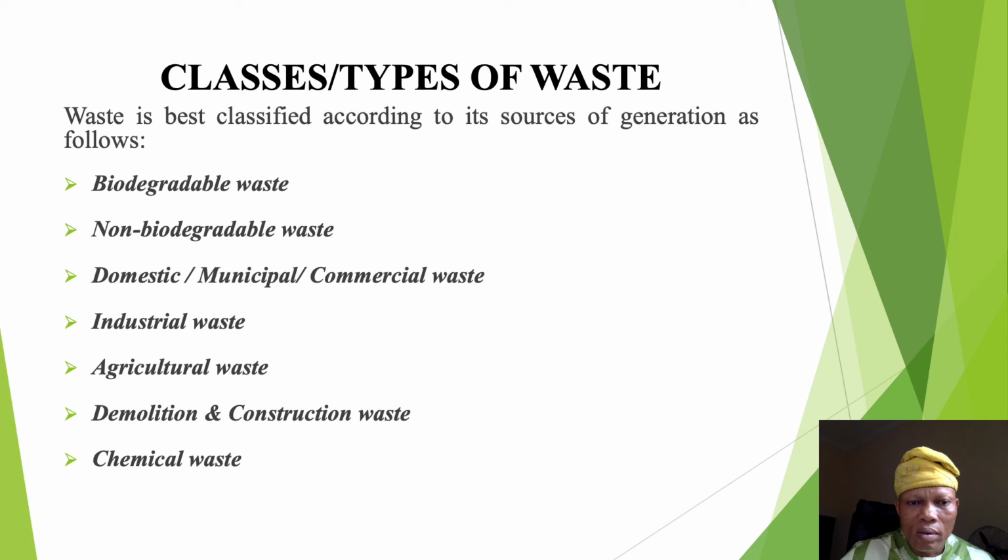Then we have agricultural waste. This type of waste makes up very large proportion of the total solid waste. This includes animal urea, waste from slaughterhouses, waste from all forms of crops harvesting, also the end product of fertilizer, which contributes to the eutrophication of water body.